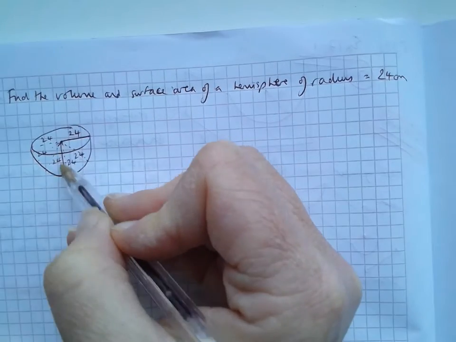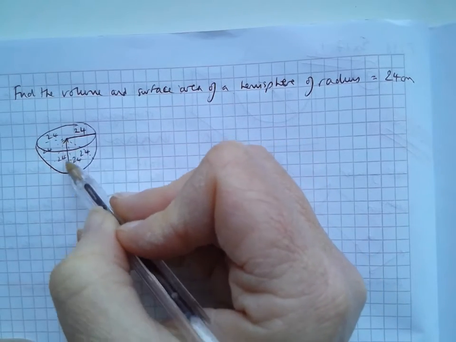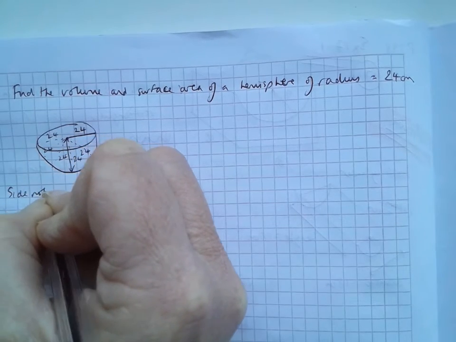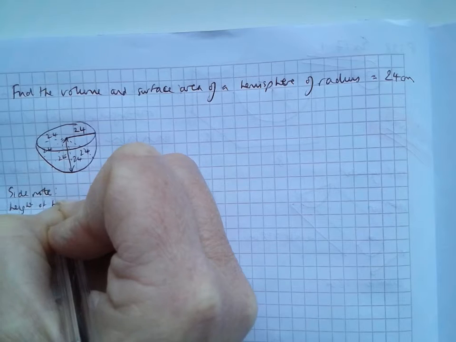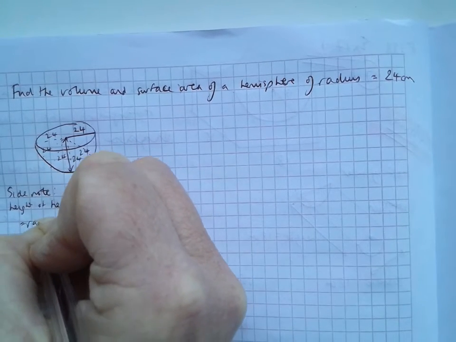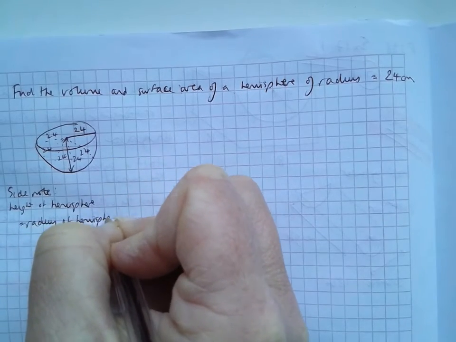This one here. Do you see? Sometimes you have to end up finding the height of the hemisphere. So just a side note here. Side note, the height of the hemisphere equals the radius of the hemisphere. So just remember that for future reference.